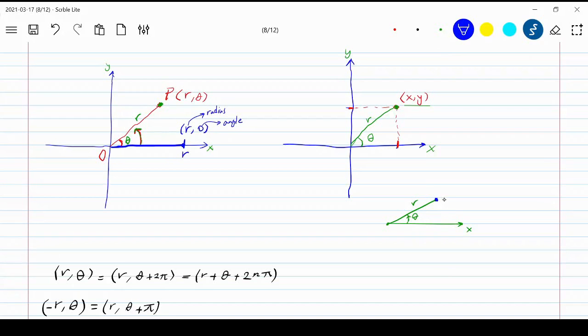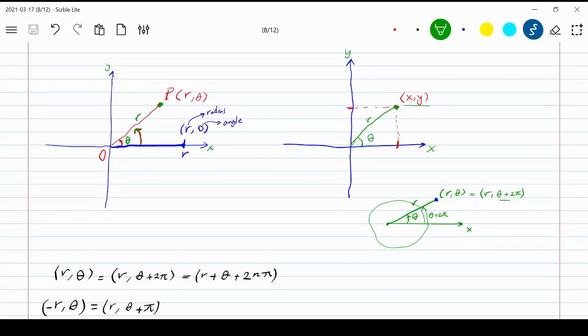What if instead of theta we consider the angle theta plus 2 pi, meaning going around once? I can show the same point as (r, theta) as well as (r, theta plus 2 pi), because it represents the same value in terms of angle corresponding to the x-axis.